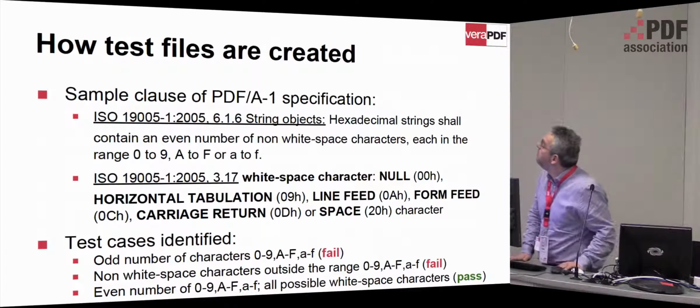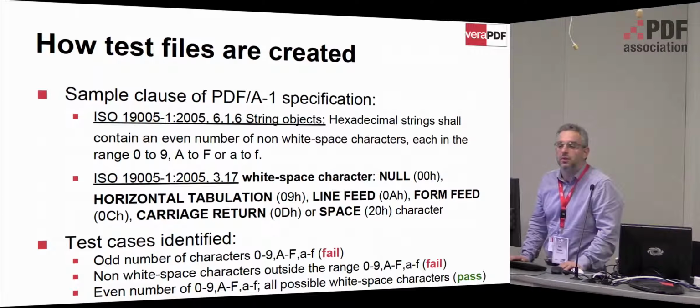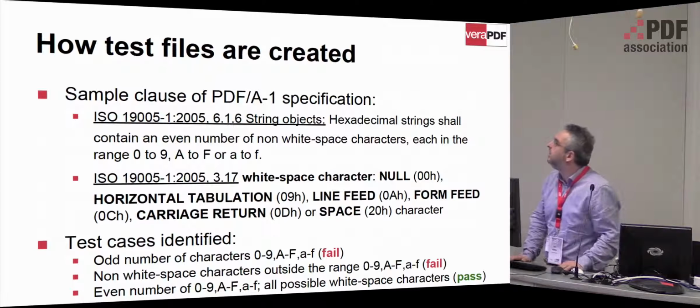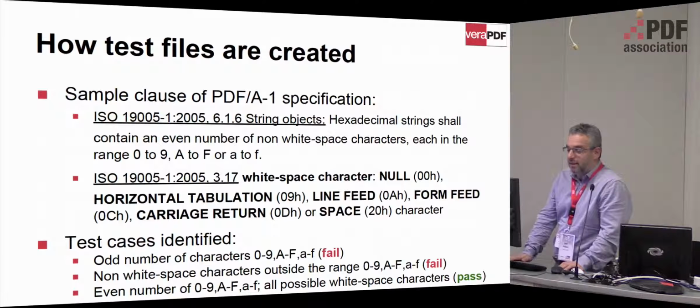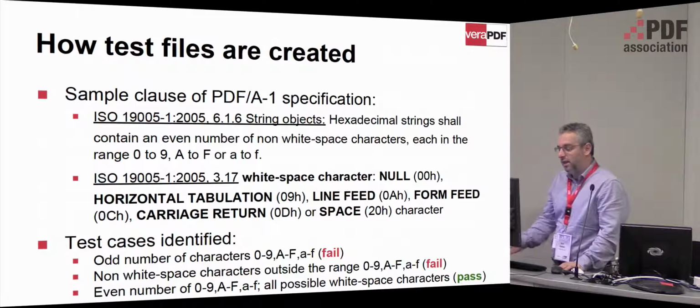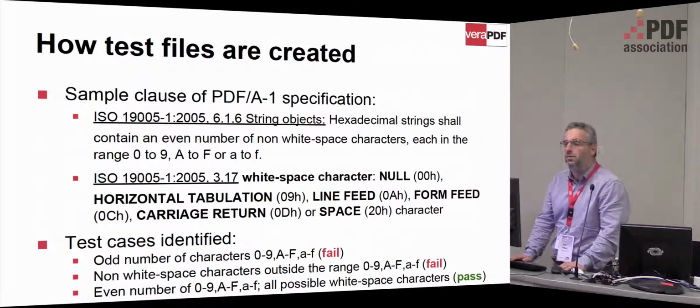Even this simple sentence might cause questions, and we had a discussion very recently about this. In particular, as it's written here, would the even number restrict the number of all characters or just non-white space characters, or are white space characters allowed or not allowed within hex strings in PDFA1?